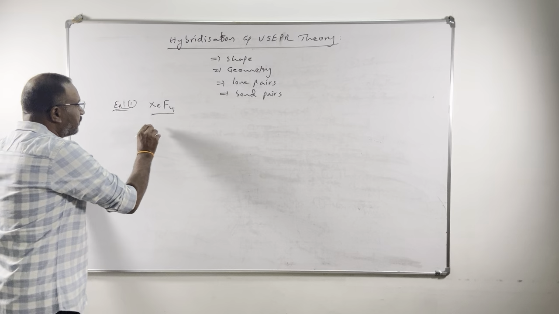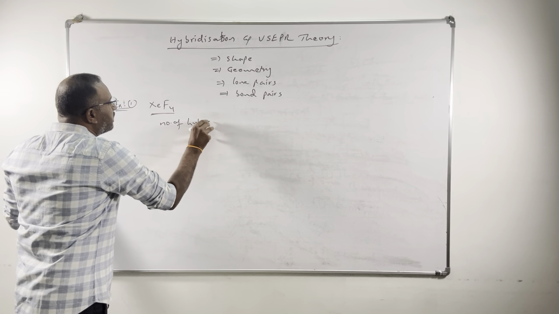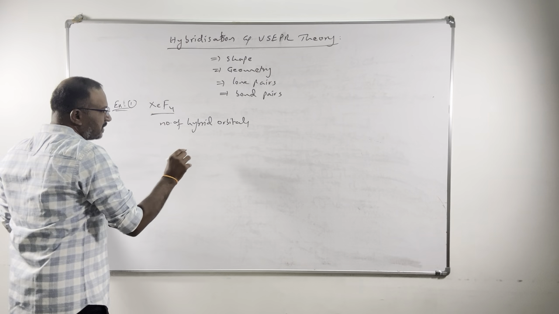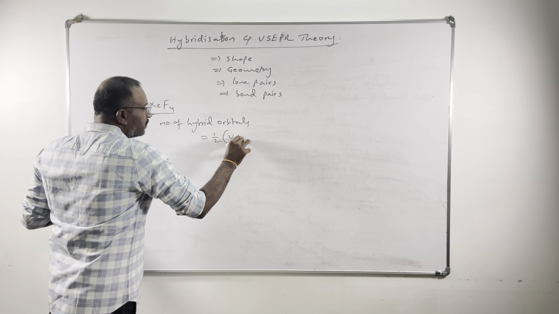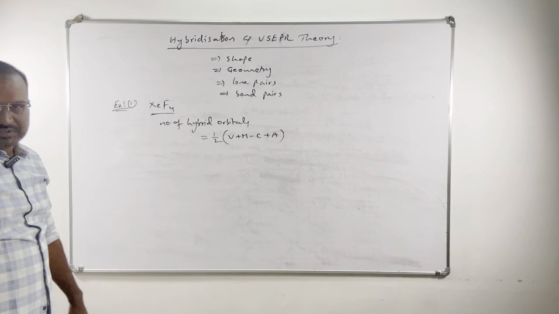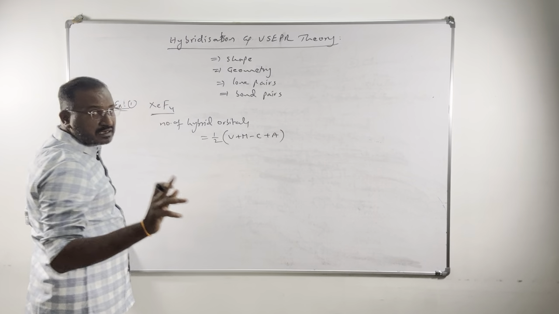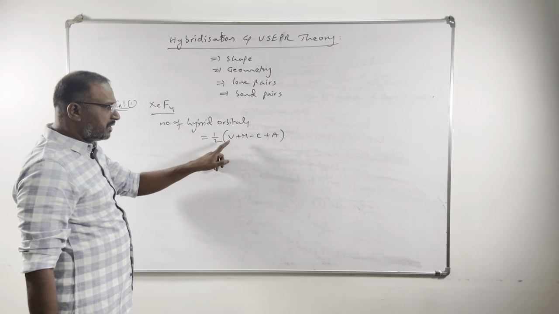First, you have to calculate the number of hybrid orbitals. That can be calculated by the formula 1/2 (V + M - C + A).